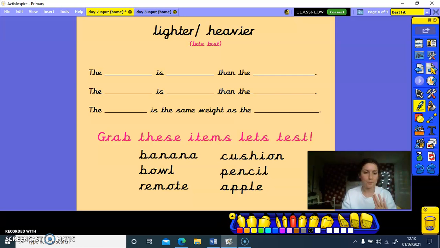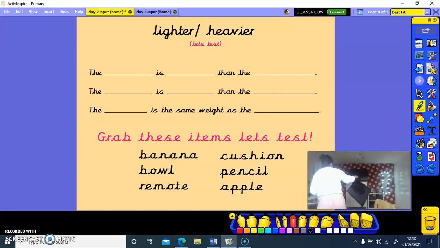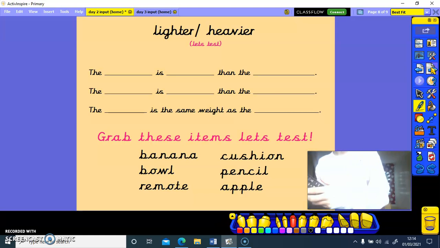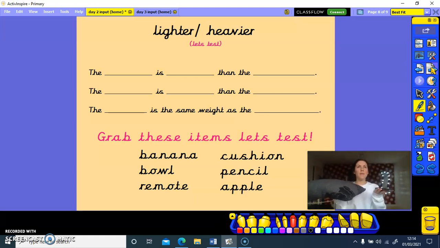So for example, I've got in front of me a cushion and a remote. Let me just grab both. A cushion and a remote. So when holding these, I'm going to feel them, and I feel the remote is slightly heavier than the cushion.